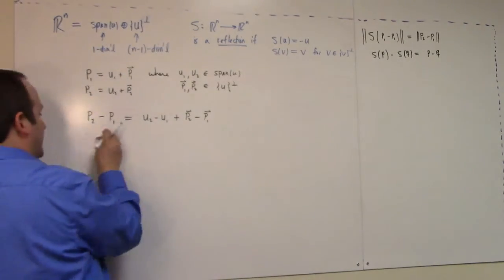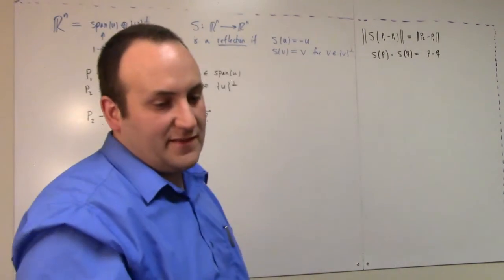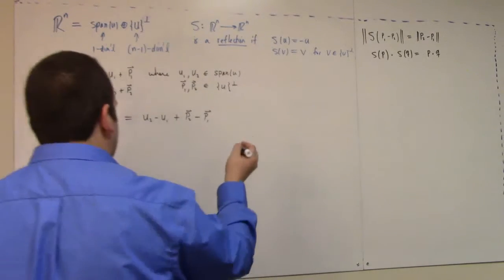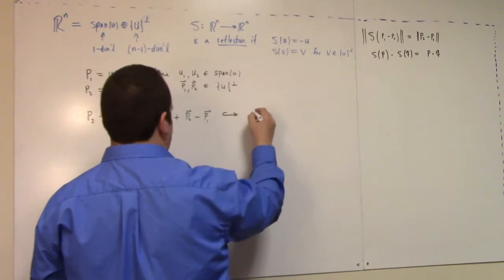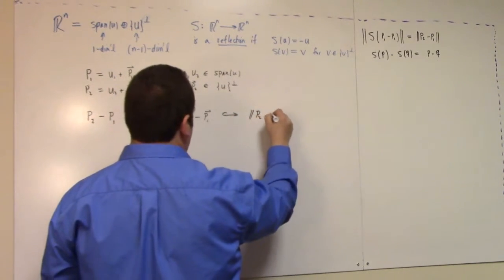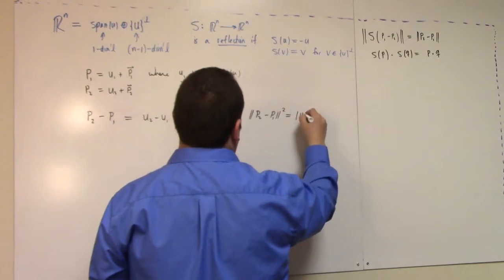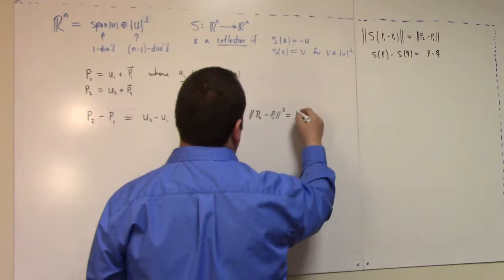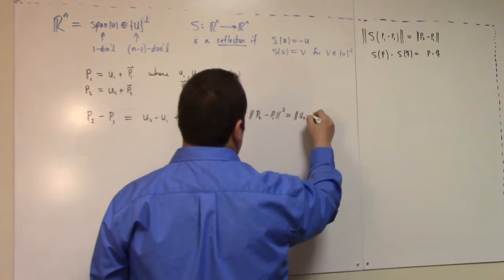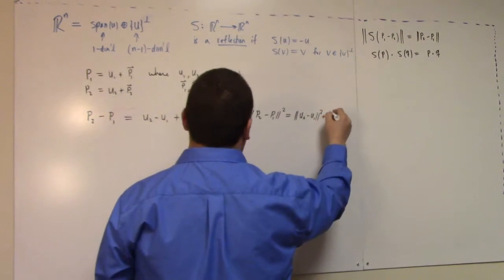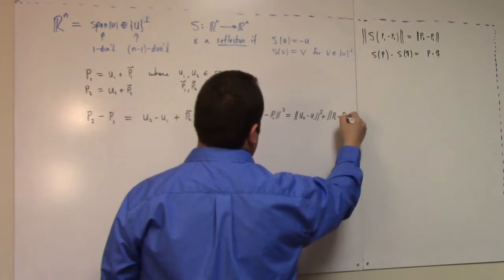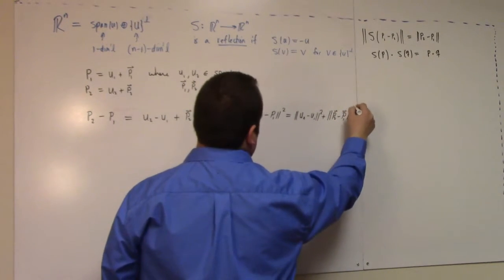I could prove the little Pythagorean theorem, the usual orthogonal complement stuff, that shows that the length of P2 minus P1 squared is the length of U2 minus U1 squared plus the length of P2 vector minus P1 vector squared.